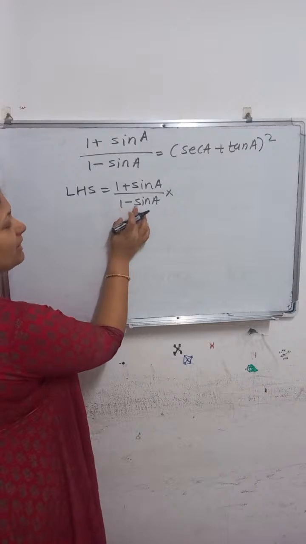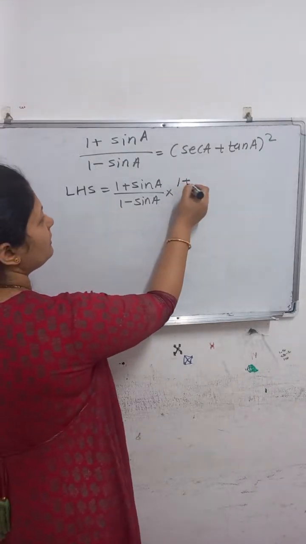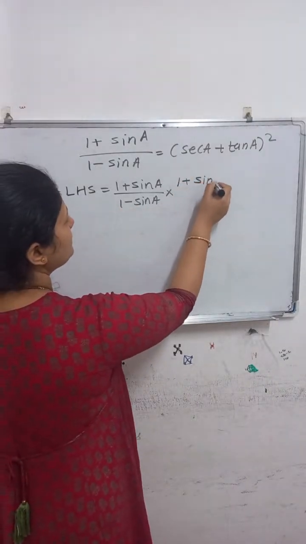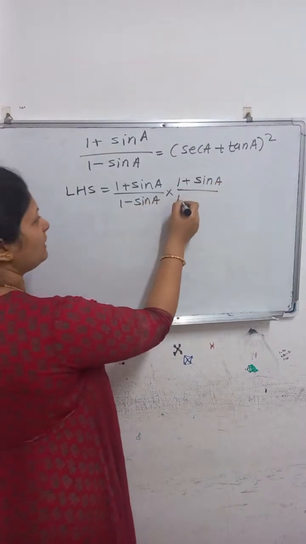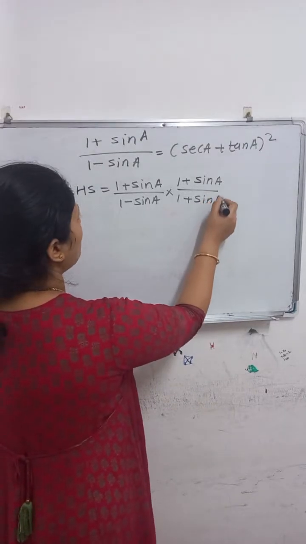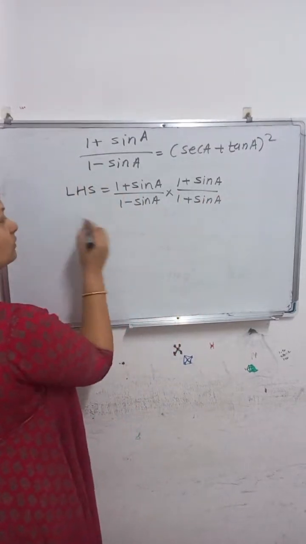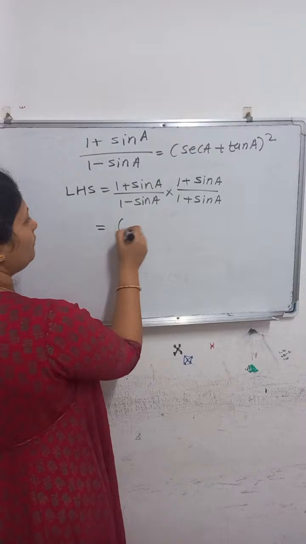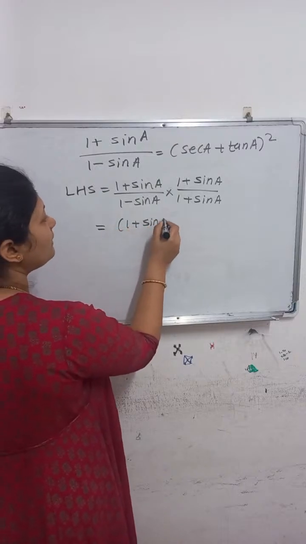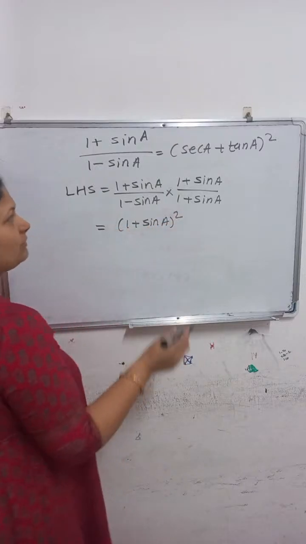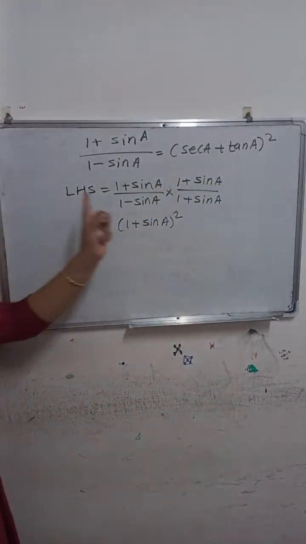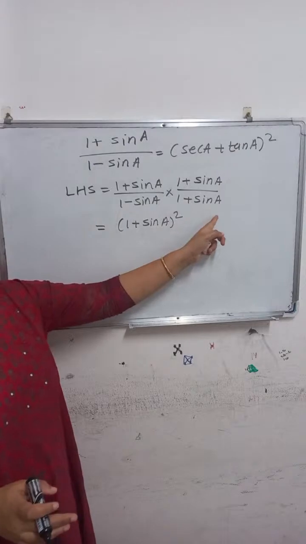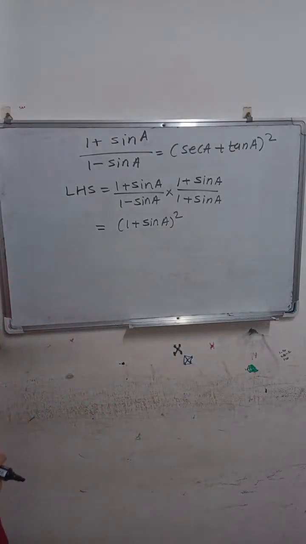Here we have 1 minus sine A, so you can multiply by 1 plus sine A. Check the denominator, reverse the sign and multiply. Once you do this, you will get 1 plus sine A whole bracket square, because 1 plus sine A, 1 plus sine A, upon A minus B into A plus B, that is A square minus B square.